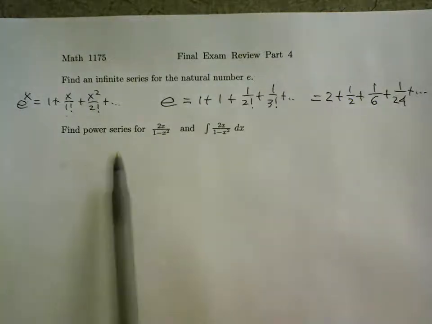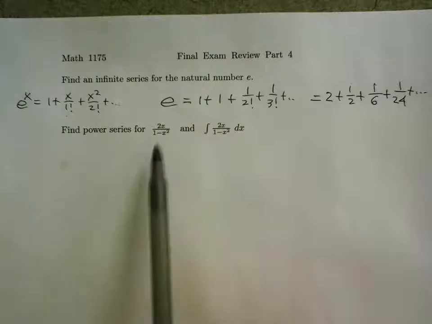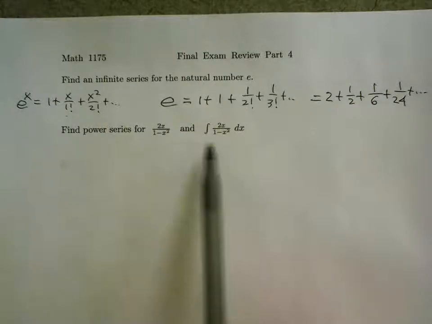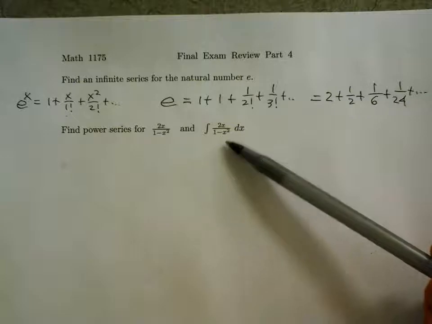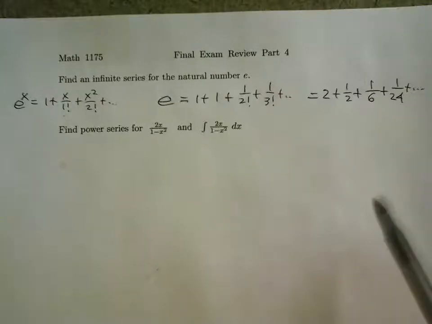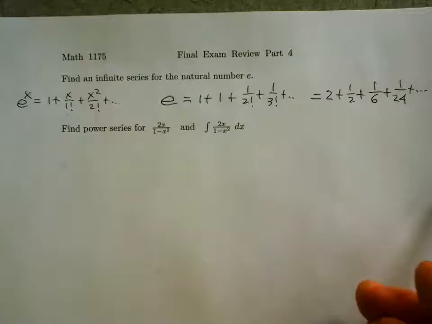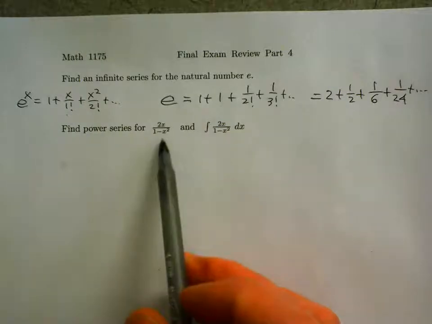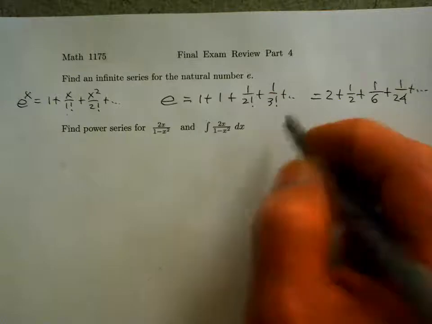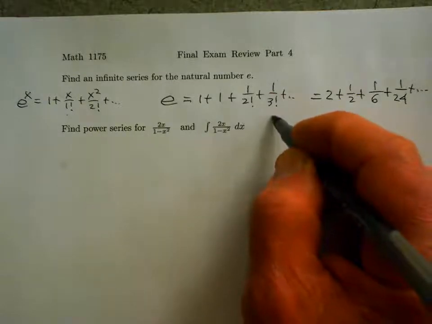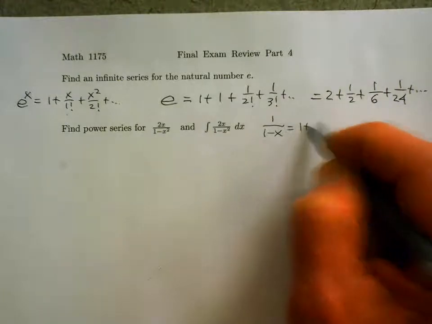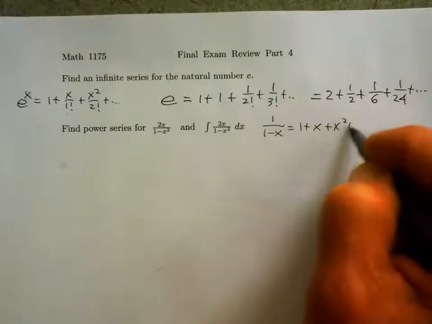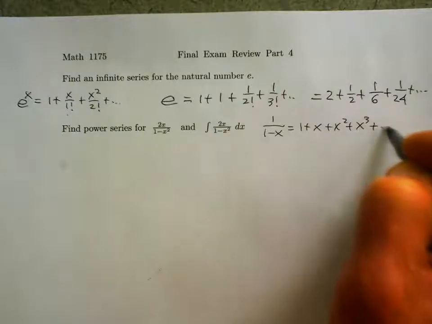Okay, and the next one, find power series for 2x over 1 minus x squared, and then a power series for the indefinite integral of 2x over 1 minus x squared. So if you need to start at ground zero, just remind yourself first that 1 over 1 minus x is 1 plus x plus x squared plus x to the third, and so on.